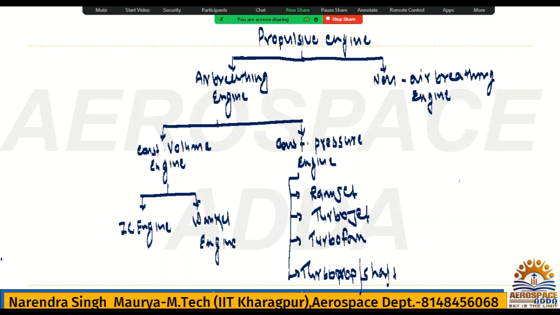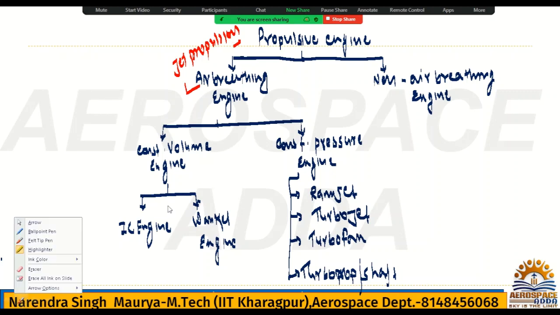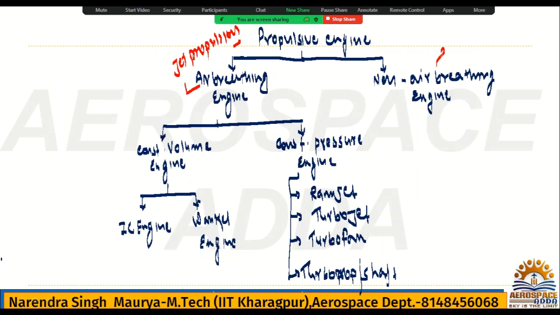What about non-air breathing? In this non-air breathing engine, what is our focus now? This one is totally done. This is jet propulsion part. In non-air breathing engine, this is basically rocket propulsion.